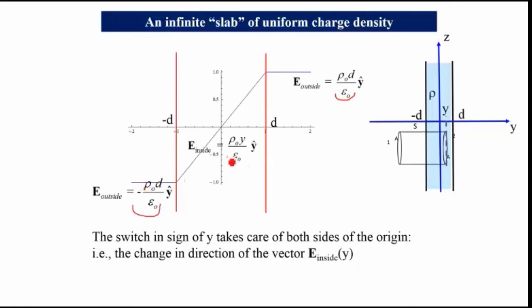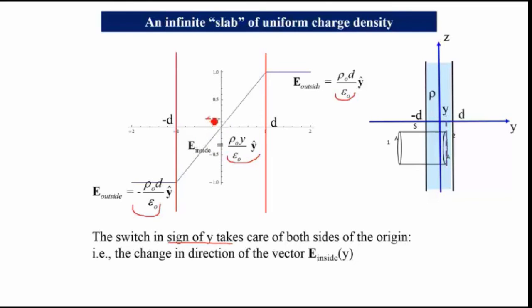Inside you have this expression here. You'll notice that when Y goes from one side to the other, we get opposite signs. So the switch in the sign of Y takes care of both sides of the origin. So in other words, the change in the direction of the vector is taken into account by the sign of the Y. So this is correct, and over here it's plus, over here it's minus.